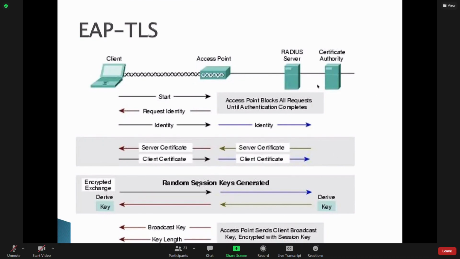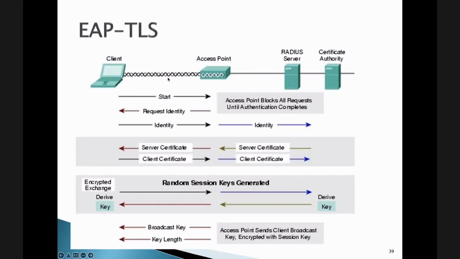Remember we said now we need a server. We have the client and access point as before, but now we need a server as well, and both of them must have a connection to the server. And we have something called a certificate authority. The certificate authority provides certificates to each device in order to certify that this is a trusted device.